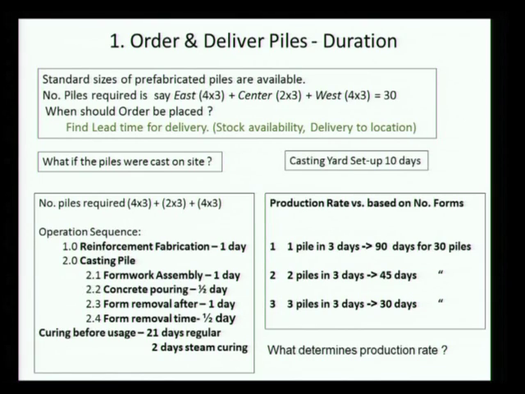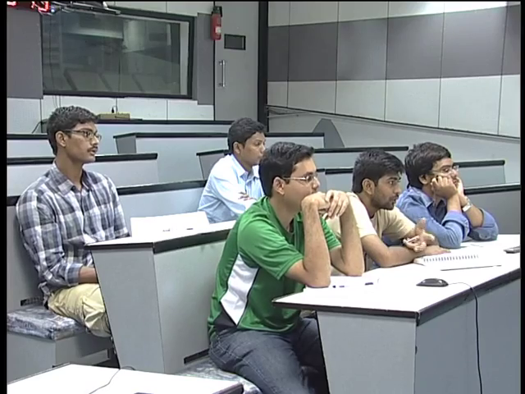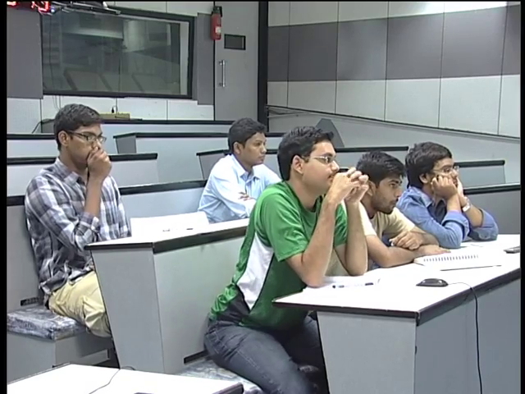From when my first pile goes into casting, I will be able to use it only after how many days? Let us assume it is all sequential. About 25 days, out of which 21 is just going for curing. There is no activity happening there, just curing.